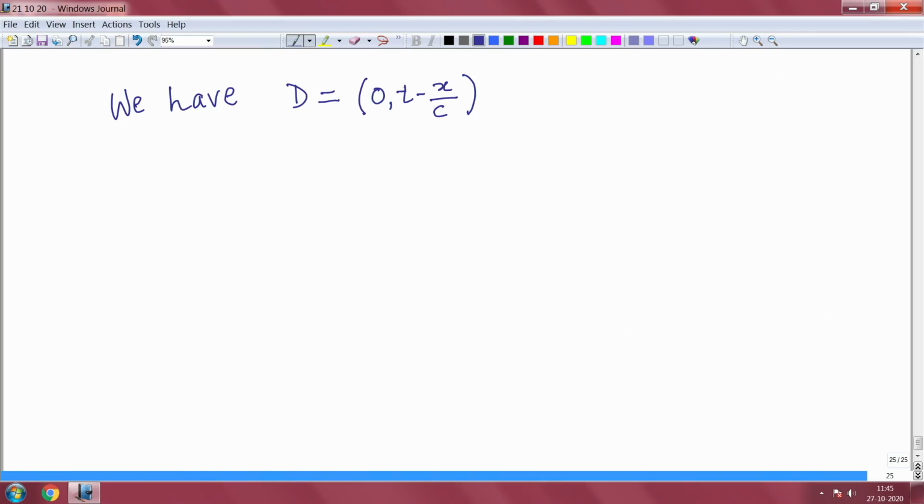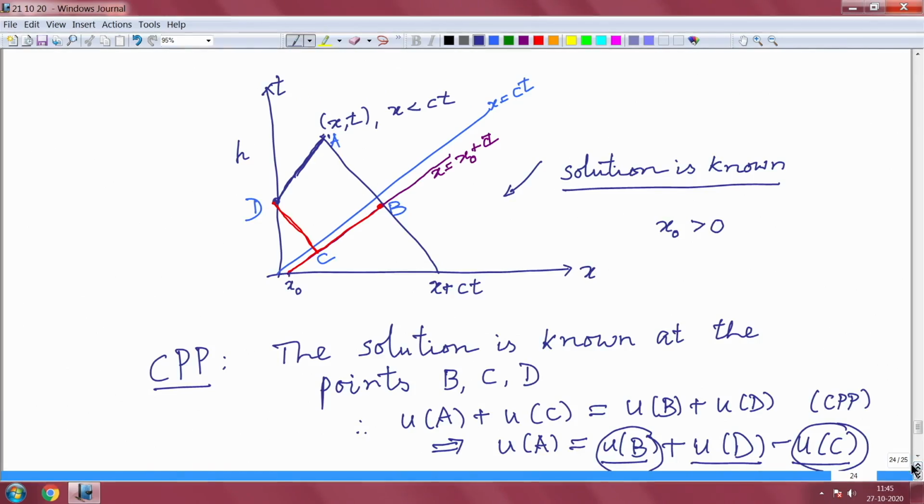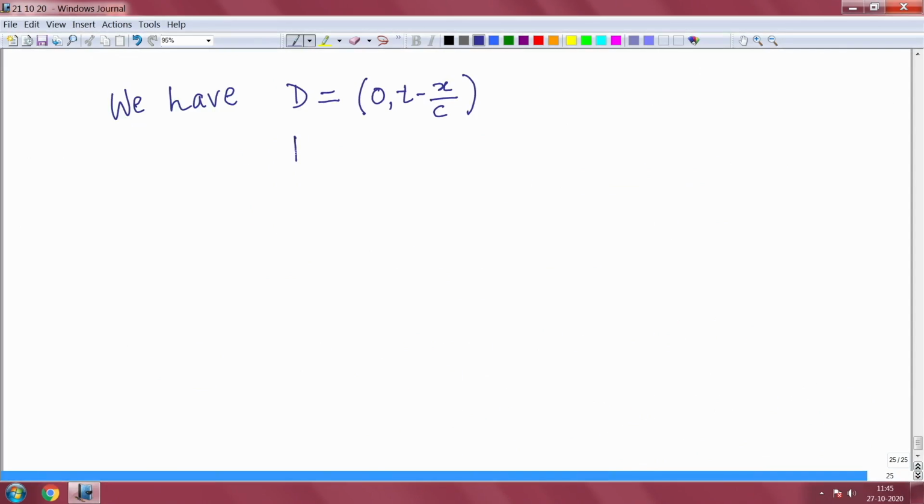Let me just change some notation here. That is D, that is fine. Then B is the intersection of the characteristic passing through the point (x_0, 0) and the characteristic passing through the point (x, t).